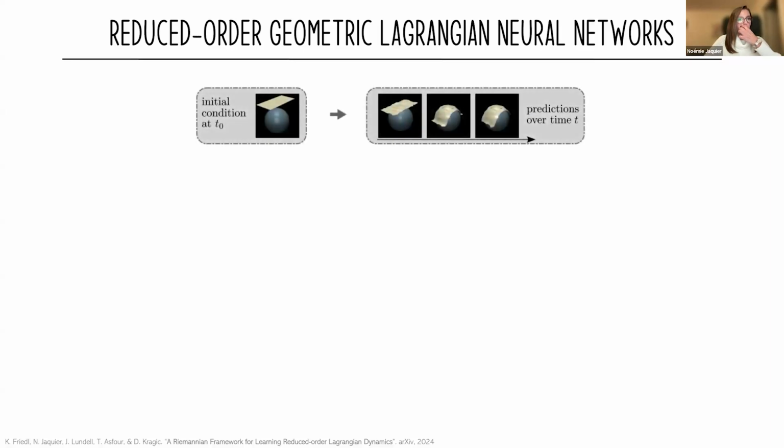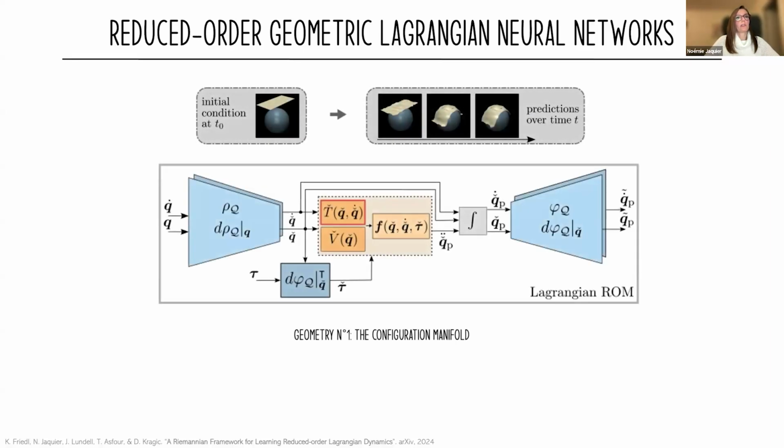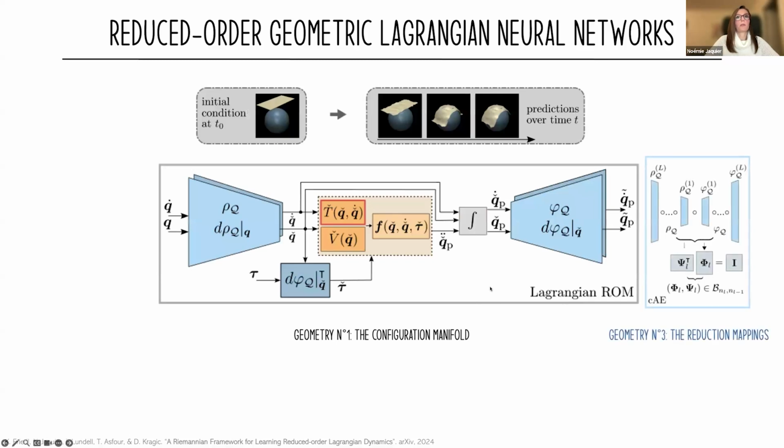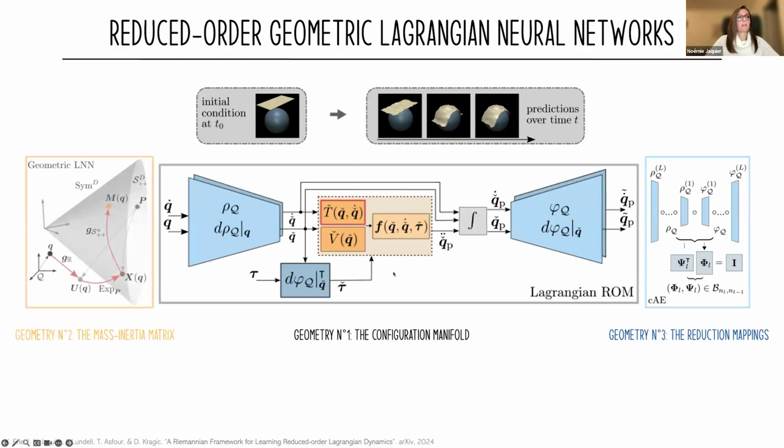So this is the final architecture that we get. We have an autoencoder structure, which is constrained. It means that the encoder on the left and the decoder on the right are such that the encoder is the left inverse of the decoder. In the center, we have this Lagrangian neural network, which learns the reduced order dynamics. Those are learned via symmetric positive definite networks, which account for the geometry of the mass inertia matrix.